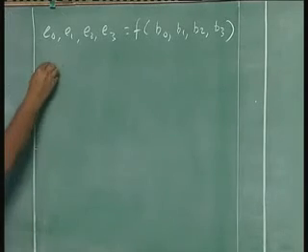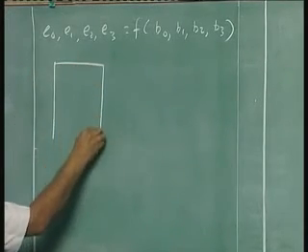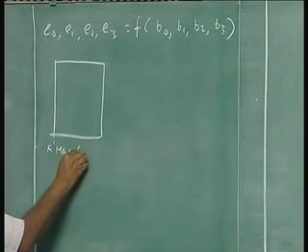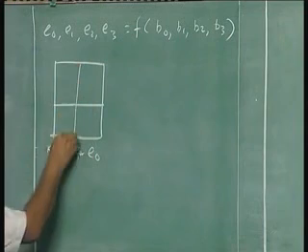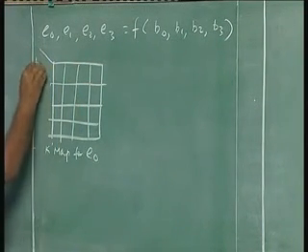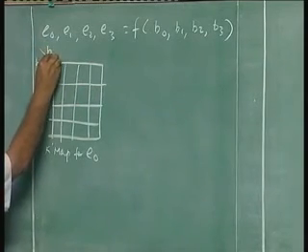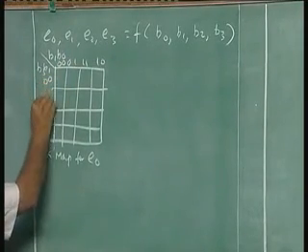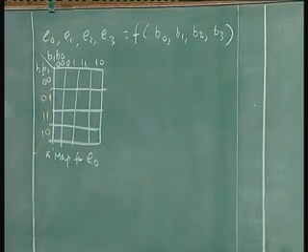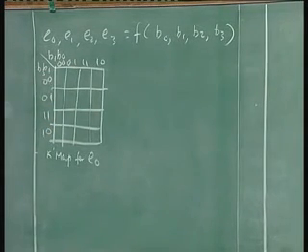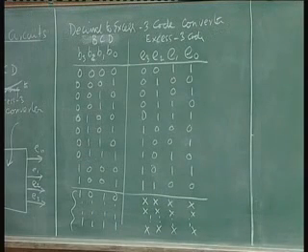We will first draw the K map for E0, with B2, B3 on one axis and B1, B0 on the other. Now all the 16 input values are here, and the corresponding E values are here, so I have to put these E values into this map.